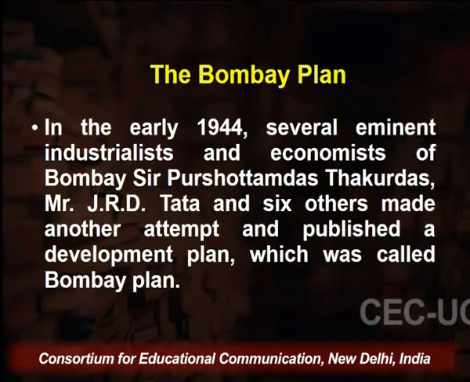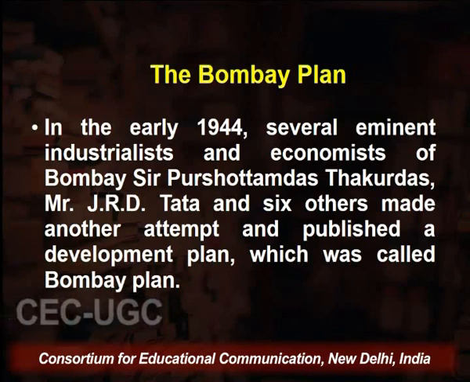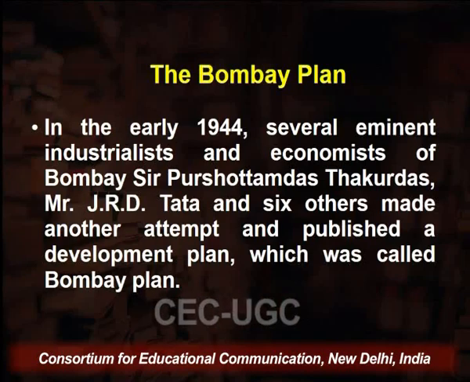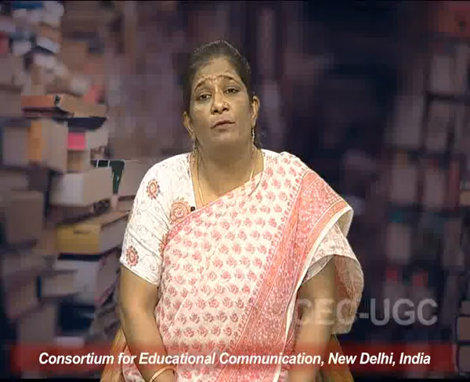In the history of the evolution of planning in India, one significant point is the idea of the Bombay Plan. The Bombay Plan was a plan by a number of economists who were in favor of the control or regulation of state policy.